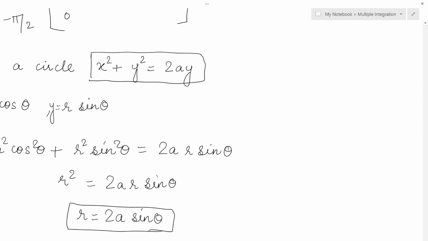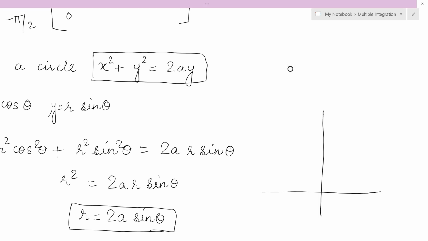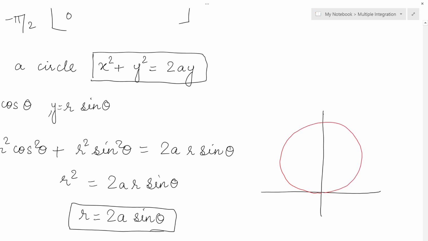So let us draw this circle now. This is my x-axis and y-axis. So x square plus y square is equal to 2ay usually is a circle on your y-axis, right? With the center 0, a, and here it is 0, twice a.